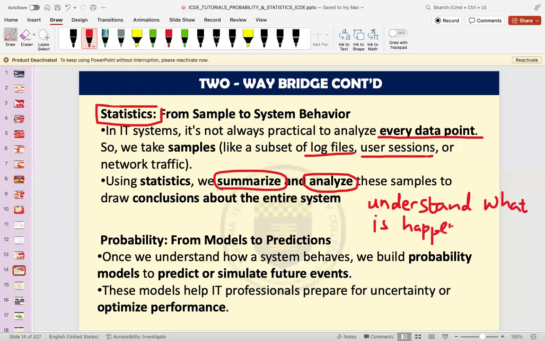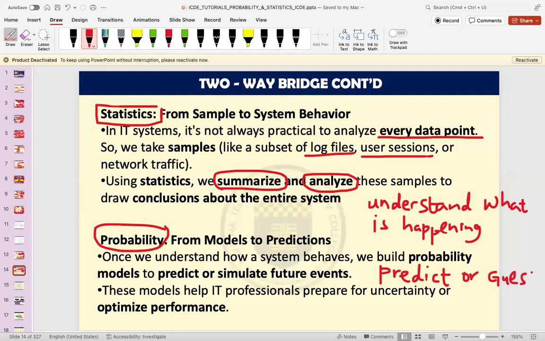That is one side of the coin. And then probability will always help you to predict, or another common word which you cannot forget, guess.